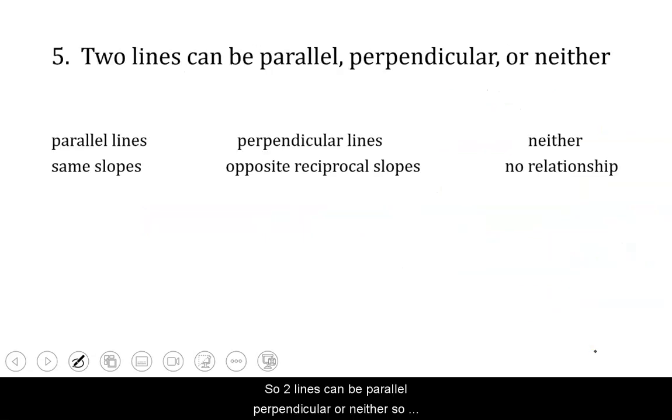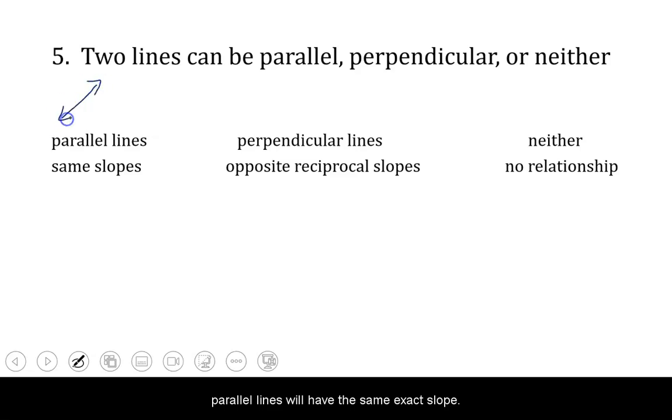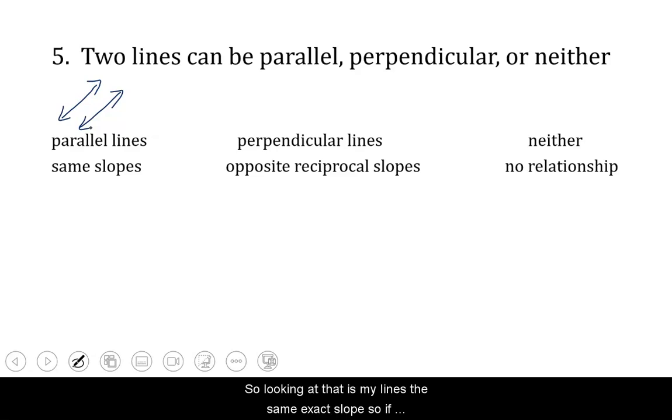So two lines can be parallel, perpendicular, or neither. Parallel lines will have the same exact slope. So looking at my lines, the same exact slope.